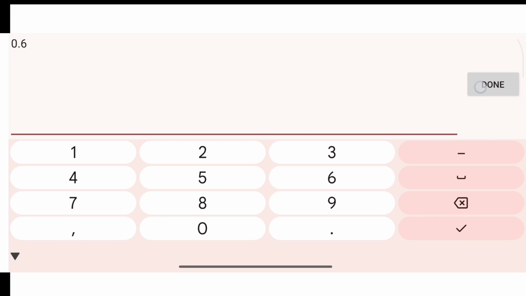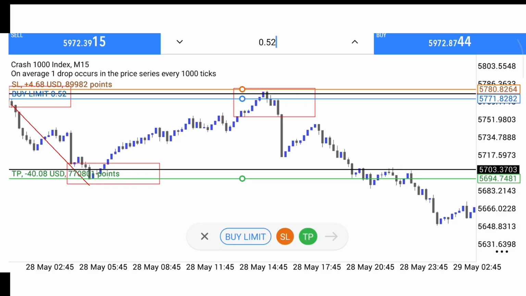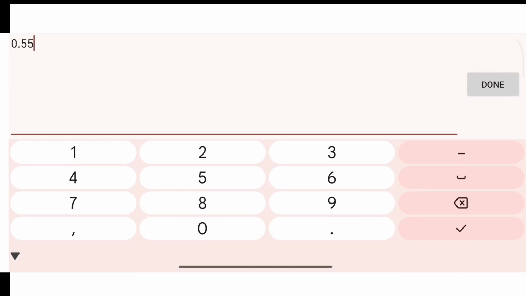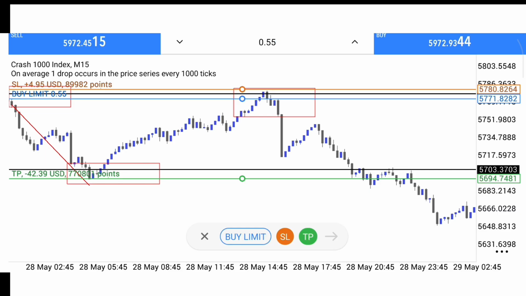Let's just say you risk $5, 0.55, 4.95, fair enough. You'll be using a 0.55 lot size, using a risk of 4.95, and you'll be making $42.39 on your trade. That is crazy, guys. This strategy is very, very powerful in the market.